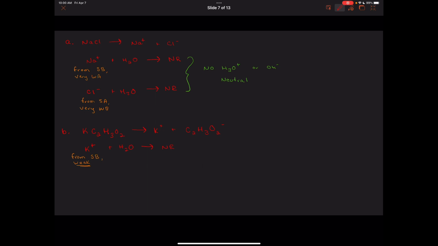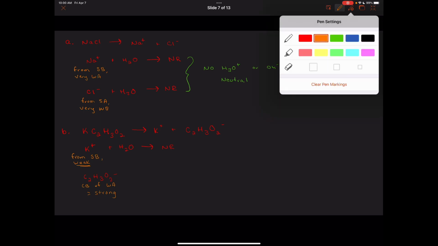Now, my acetate, this was the conjugate base of a weak acid. And therefore, it's not a strong base, but it's going to be strong enough to interact with water.